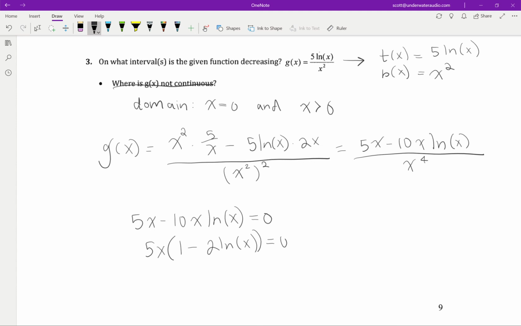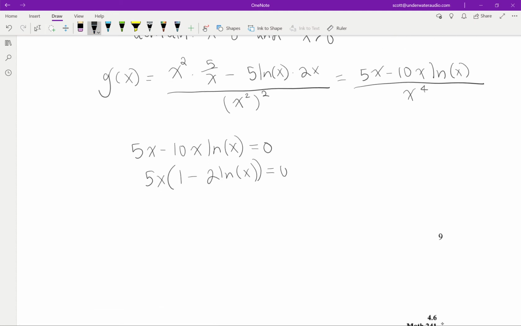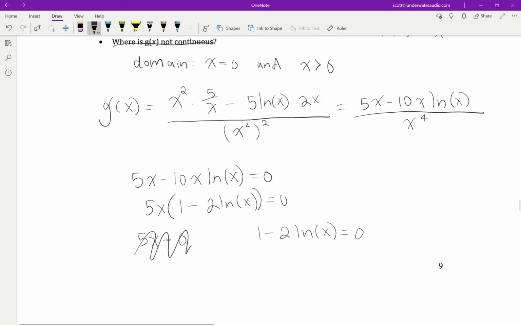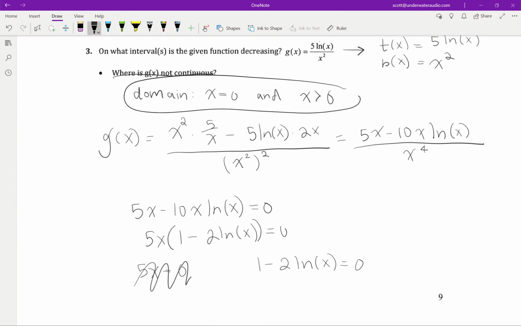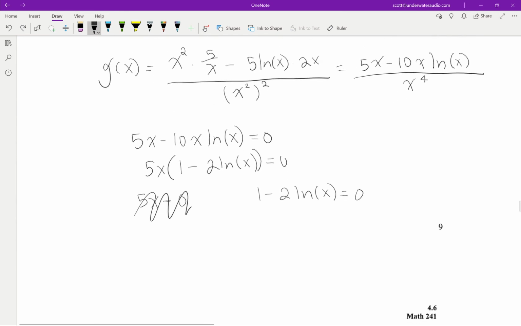So then I would set each part separately equal to 0. If I have something times another thing equals 0, then I have to check both. But I'm not going to worry about this one because that's x equals 0, which isn't in the domain even. So I'm just going to solve this second equation. I'll start by adding 2 natural log of x to the other side, then dividing by 2, so 1/2 equals the natural log of x.